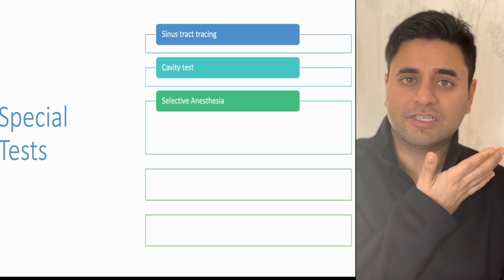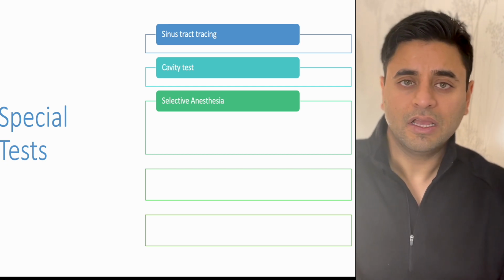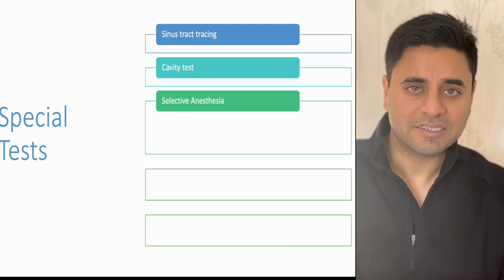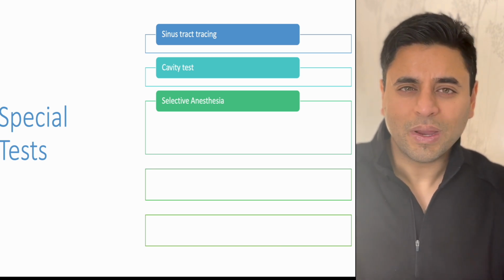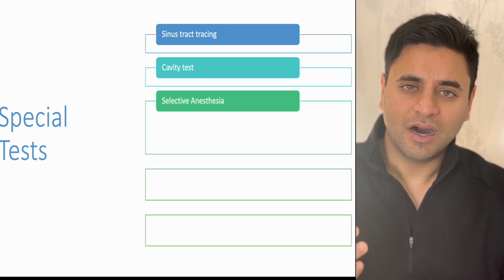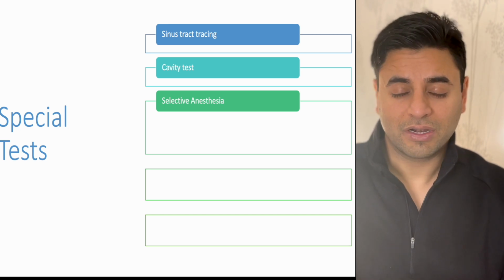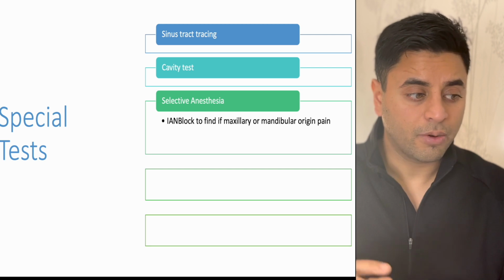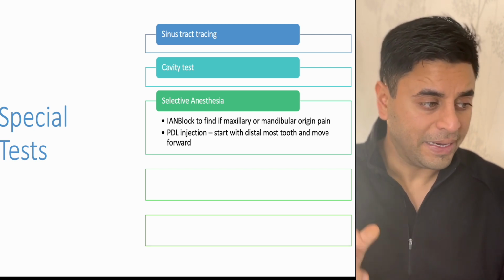If the pain is gone, that means the pain was coming from the mandible. If the pain is still there, as bad as possible, it was coming from the maxilla. So selective anesthesia is another quick technique to find out the most offending tooth in difficult or atypical cases. So inferior alveolar block to find out the maxillary or mandibular origin of pain, and PDL injection.